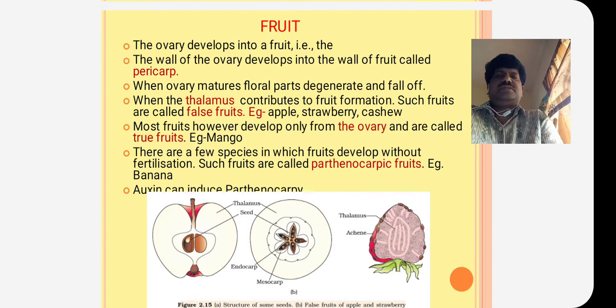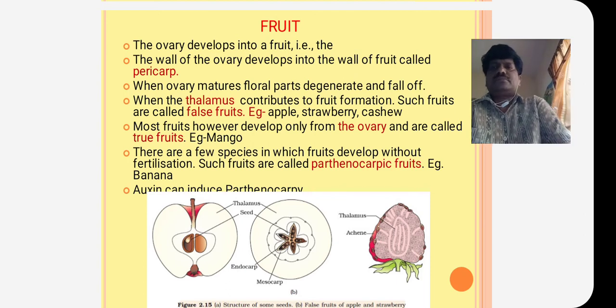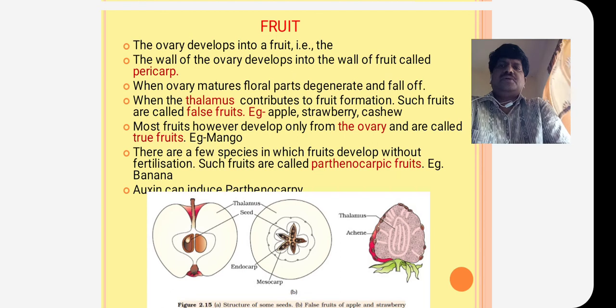So there are a few species where fruits are developed from the ovary without fertilization, and such types of fruits are generally called parthenocarpic fruit. As we can see in the case of banana, certain varieties of grapes you can also find without any seeds.